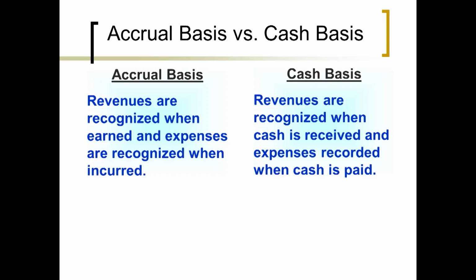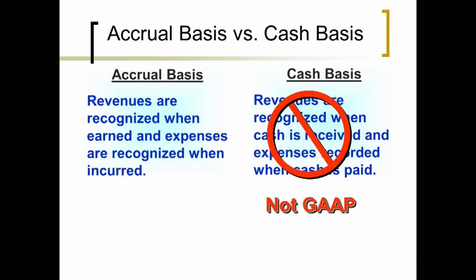Now, is that how we've been doing things? Have we been using the cash basis of accounting? No, we haven't. Okay? The cash basis of accounting is not generally accepted accounting principles for the most part. Because you're going to find it would be very easy to manipulate financial statements if one used the cash basis of accounting. Okay?